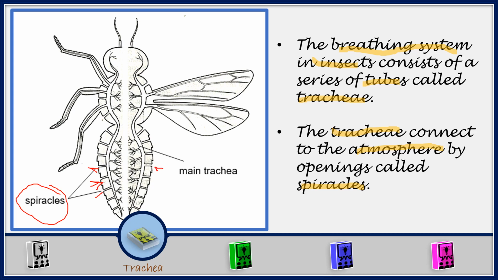Those small openings to the surface, they are on either side. They open to the outside and they connect to the trachea. So which means air comes and passes through those small openings, and then it enters into the trachea.